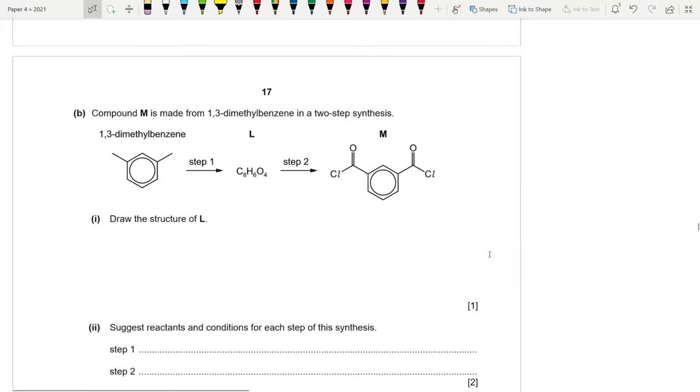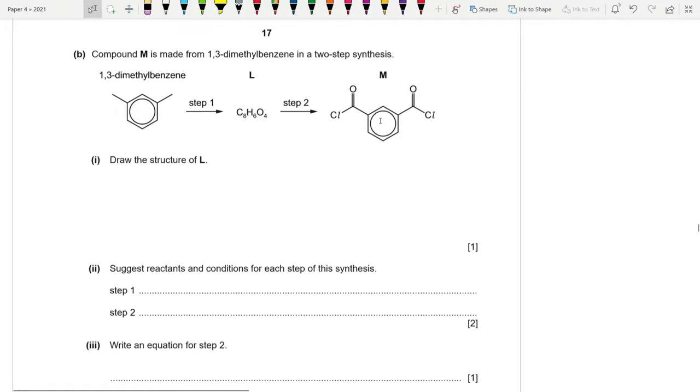Compound M is made from 1,3-dimethylbenzene in a two-step process. Basically, we're making an acyl chloride, right? So what do we need to do? How do you convert it to an acyl chloride? We need the carboxylic acid first. So how are we going to get the carboxylic acid?